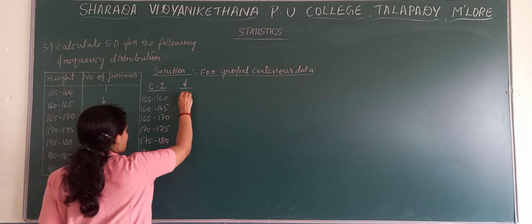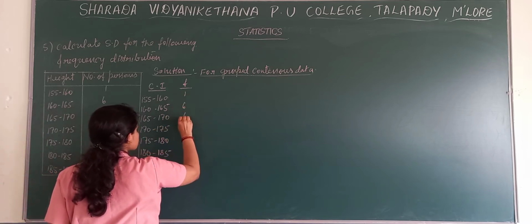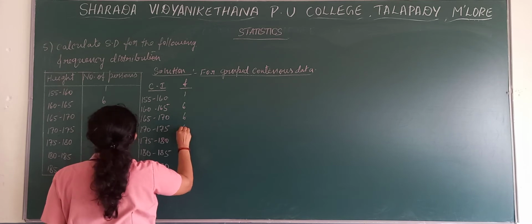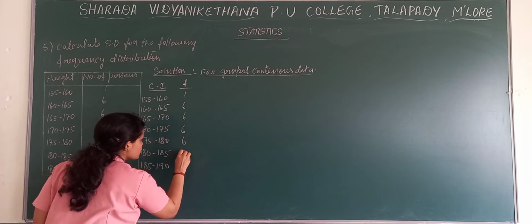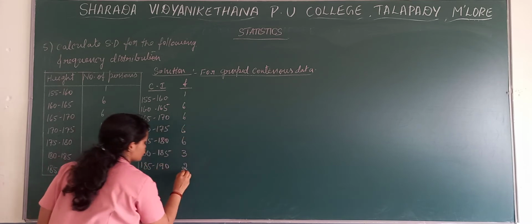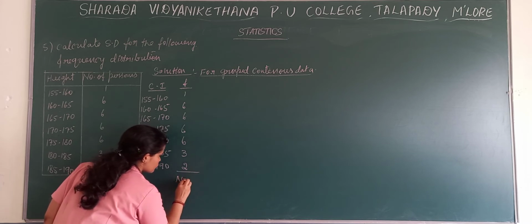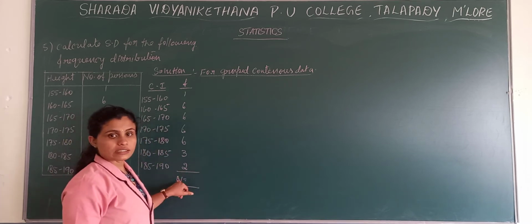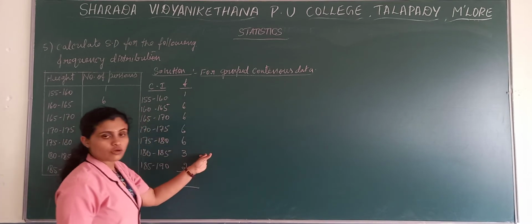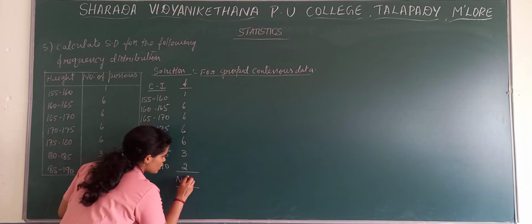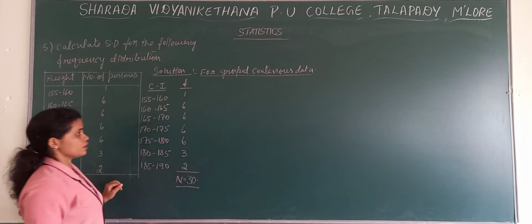Then the frequencies are 1, 6, 6, 6, 6, 3 and 2. If you see the total of frequencies, we get the total as 30.